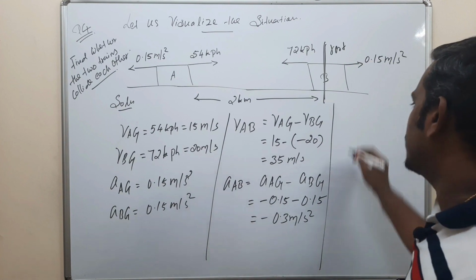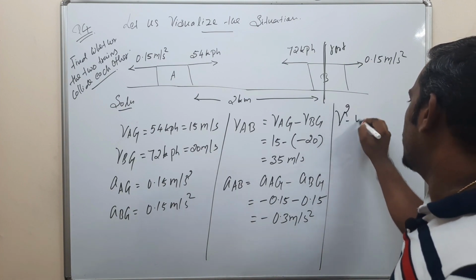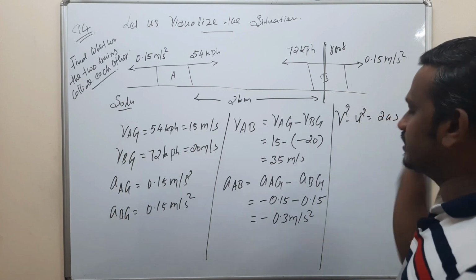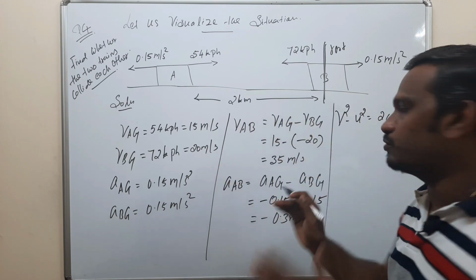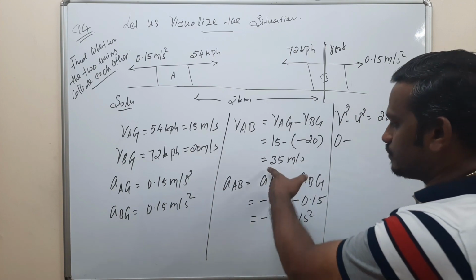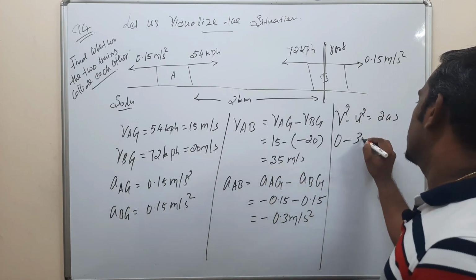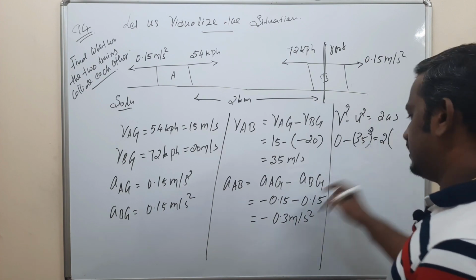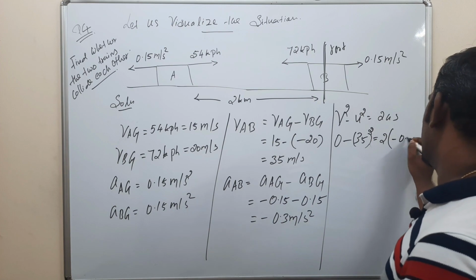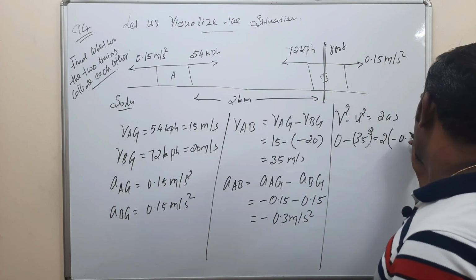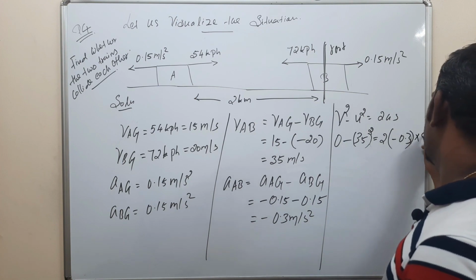I am using the equation v square minus u square is equal to 2as. Finally train A comes to rest, so the final velocity is 0. The initial velocity is 35, so 35 square is equal to 2 into the deceleration, minus 0.3, into s.